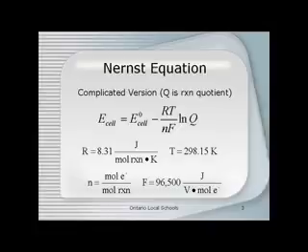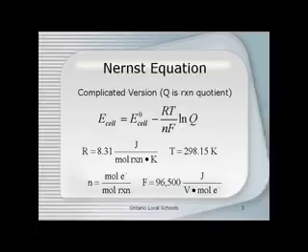So the energy of the cell is equal to the standard energy of the cell, which is a calculated value that we did when we studied voltaic cells, minus RT over nF times the natural log of Q.